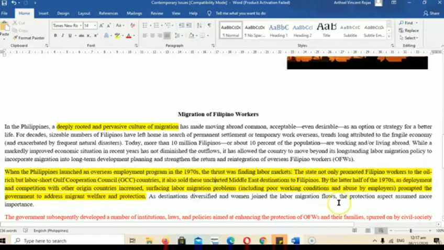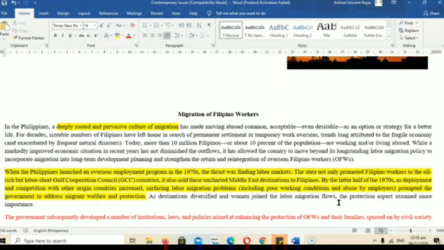And there are also abuses committed by the employers. There is physical harassment, there is sexual harassment, and even no salaries or even no communication with their families in the Philippines. So that is why we have the POEA for the protection of our OFWs.